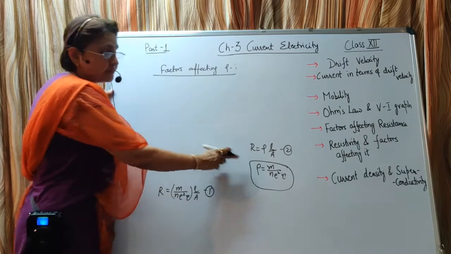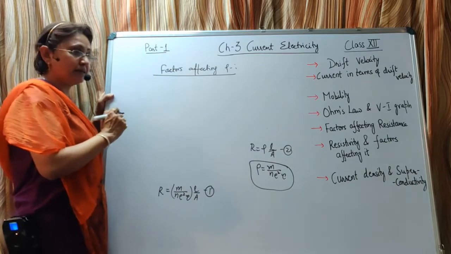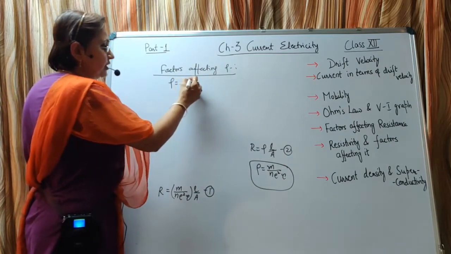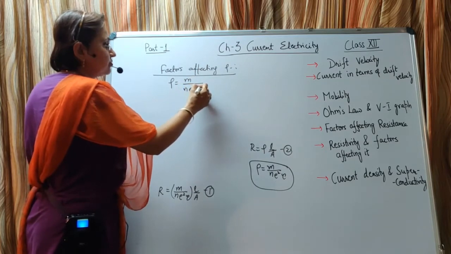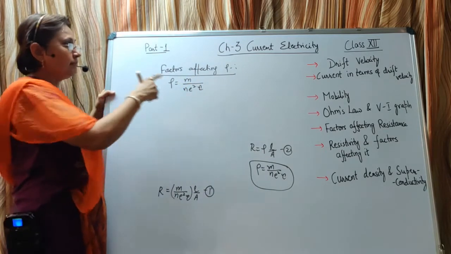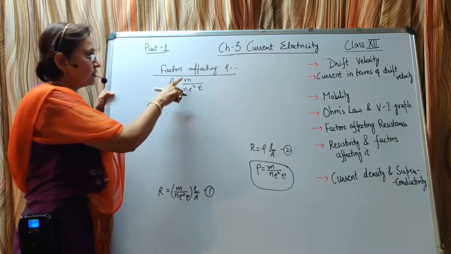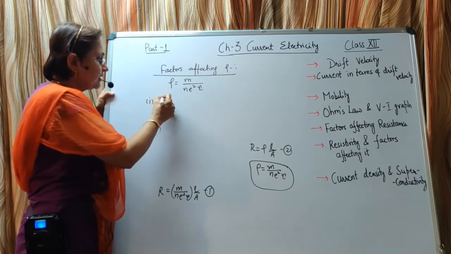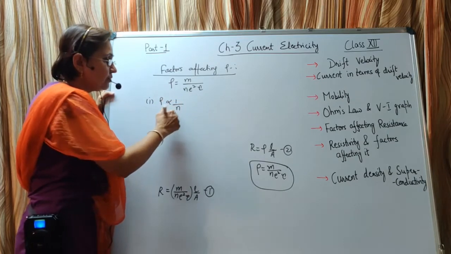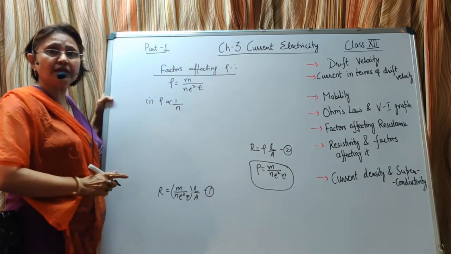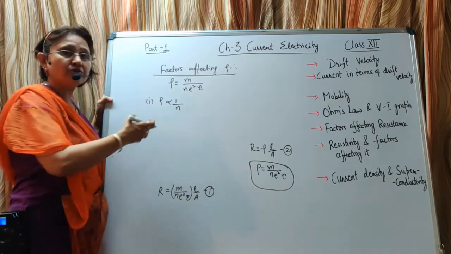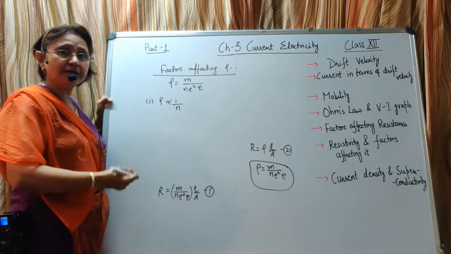So from this expression we'll see what the factors affecting resistivity are. So rho is given by m upon n e square into tau. m is the mass of the electron, constant. e is the charge on the electron, which is also constant. So the first factor: rho is inversely proportional to the number density of the electrons, the number of electrons per unit volume, which for different materials will be different.